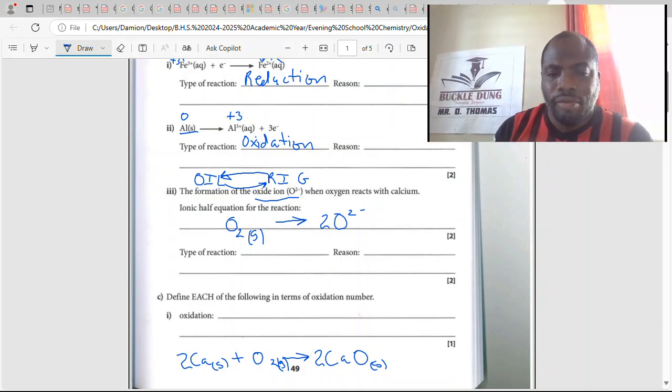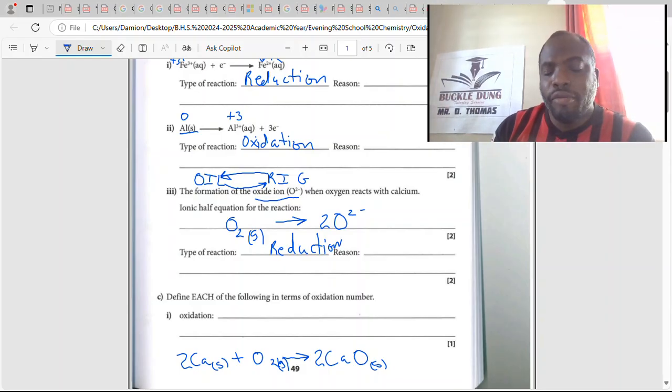So, if the oxygen is gaining electrons, what type of reaction is this? What type of reaction is this? Reduction. Thank you. And there's a reason why I'm doing this.